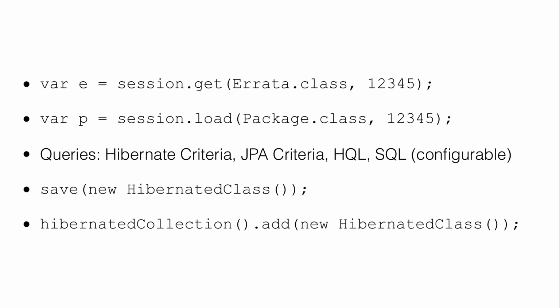If you load an object by using the session get or session load Hibernate methods, those objects are automatically in the cache. If you query the database by using one of the available Hibernate ways to run queries, like the criteria query, JPA, HQL, or SQL.